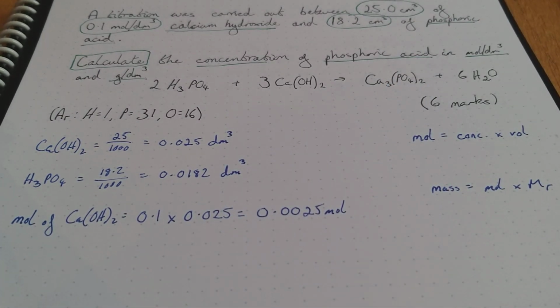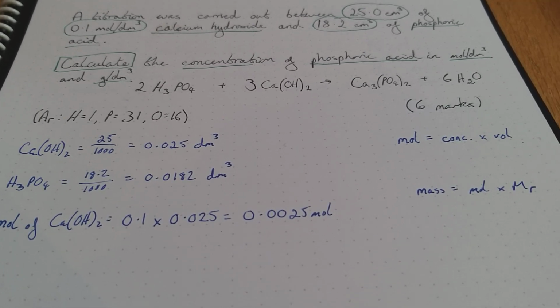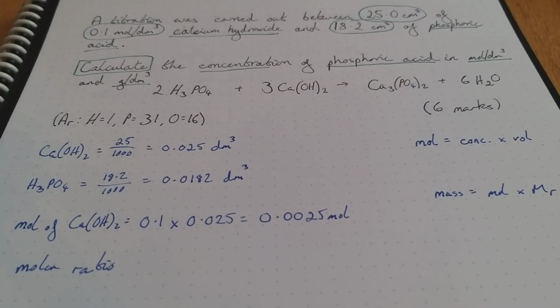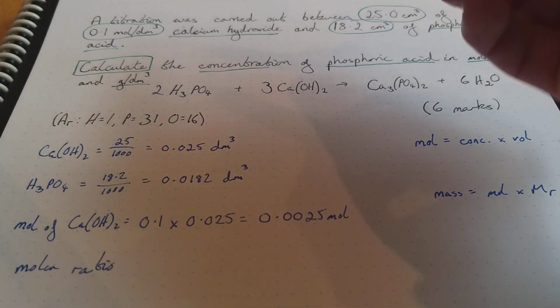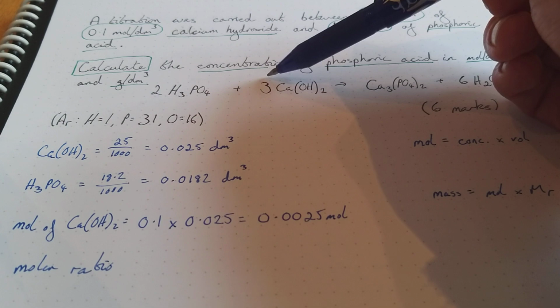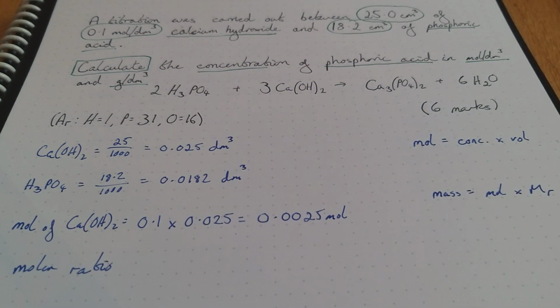Now, once we know the moles of calcium hydroxide, we can use that to work out the moles of phosphoric acid. But we need to use the molar ratio. To find the molar ratio, we go back to our symbol equation. So you can see 2 lots of phosphoric acid react with 3 lots of calcium hydroxide. Okay?